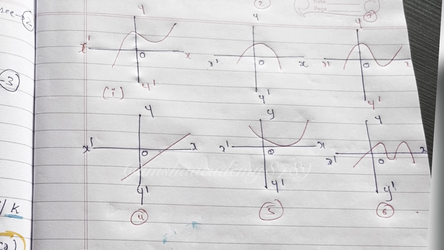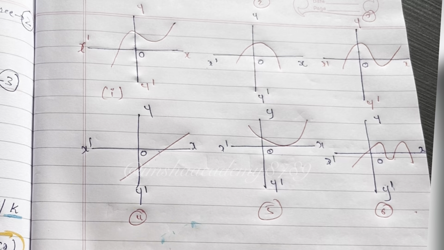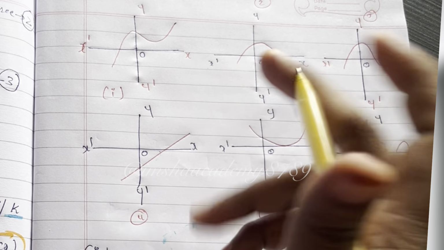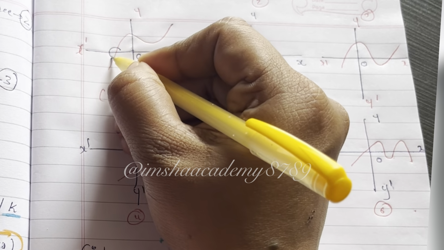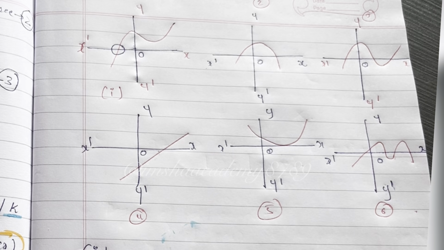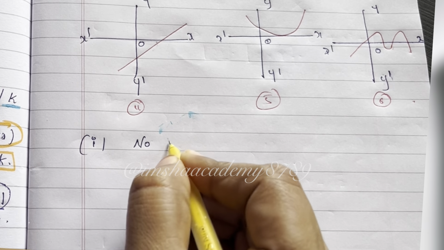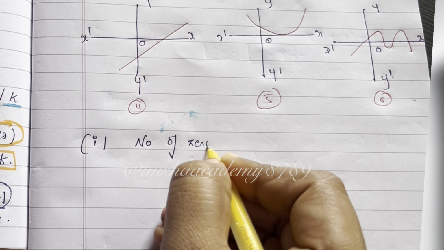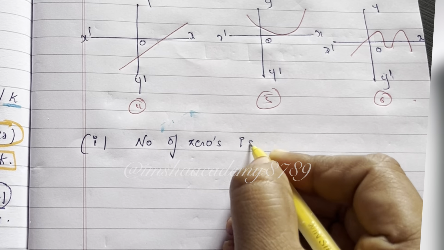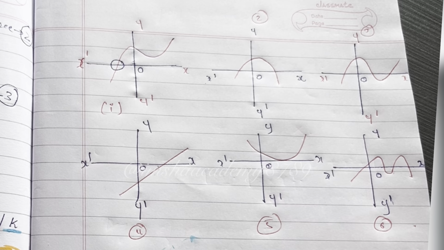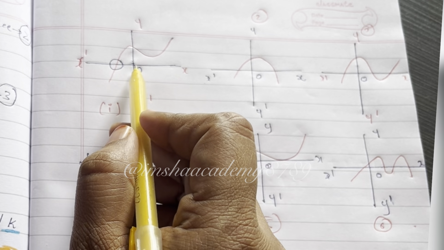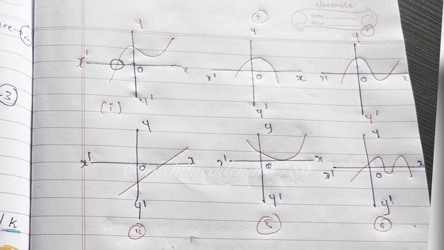So see here, in the first one the number of zeros is 1, as the graph intersected the x-axis at only one point.